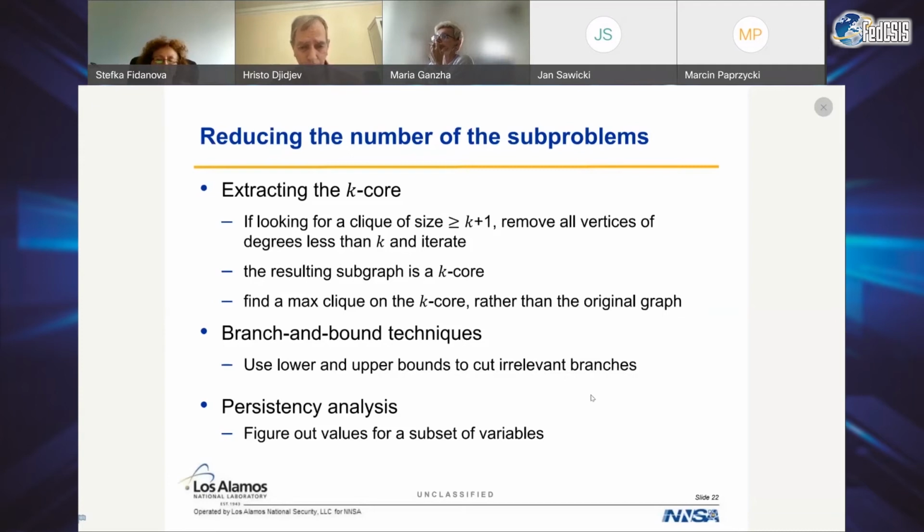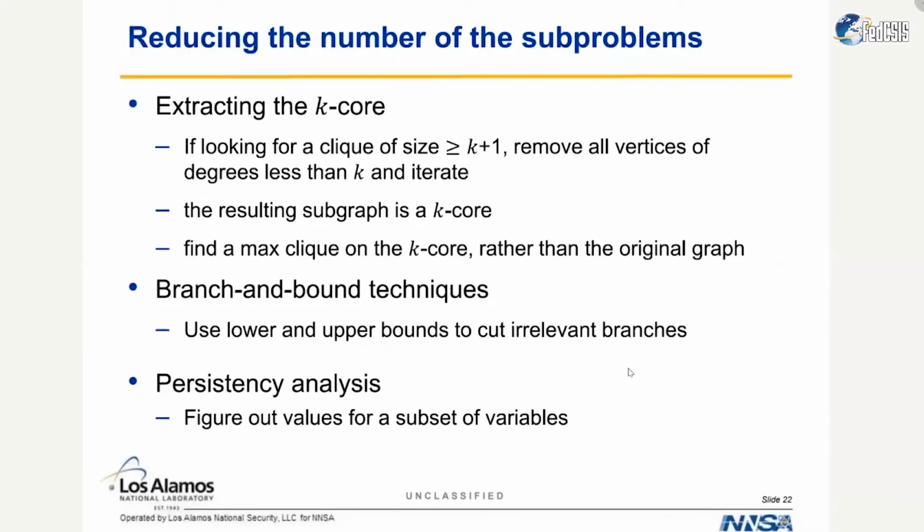By doing this, we possibly reduce the degrees of the other vertices, and then you look for another vertex with too small a degree, and remove it. We iterate until all vertices of the graph have degree at least K, and this is the K-core. Sometimes the K-core can get rid of a large proportion of the vertices. So this is one technique you can use.